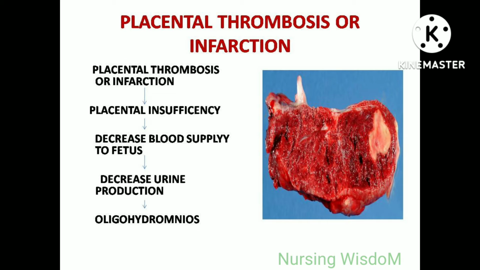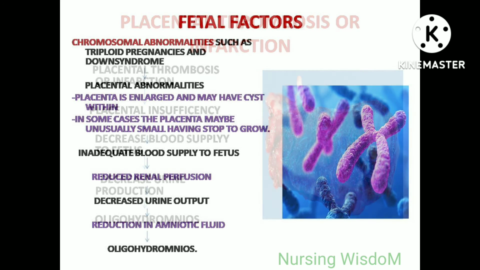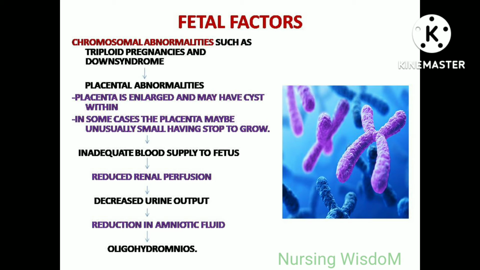Next, placental thrombosis or infection. Placental thrombosis or infection will cause placental insufficiency that will decrease blood supply to the fetus. So there will be decreased urine production and reduced amniotic fluid amount and leads to oligohydramnios. Next one is chromosomal abnormalities such as triploid pregnancies and Down syndrome, which cause placental abnormalities.